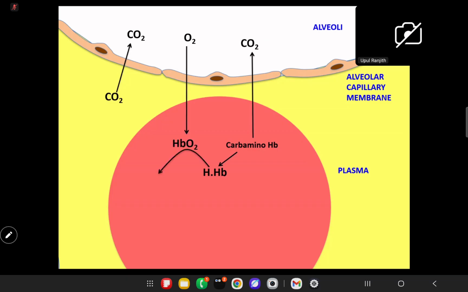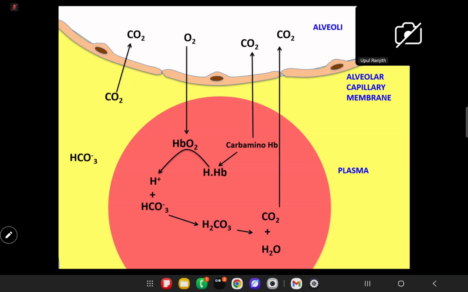At the same time, oxygen is taken up, and then the carbamino compounds also will release carbon dioxide and become HHb, and then this HHb will react with oxygen to form oxyhemoglobin, like this, right? So exactly the opposite reaction will take place in the alveoli.